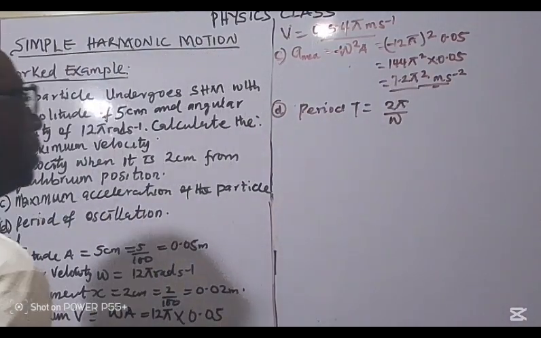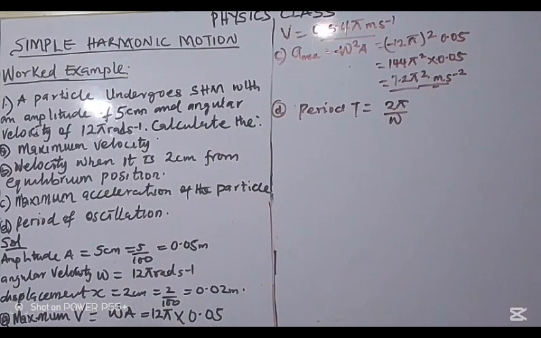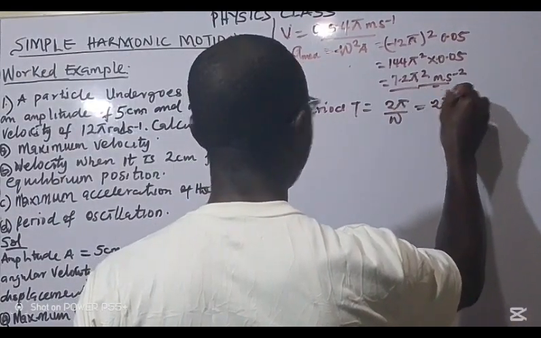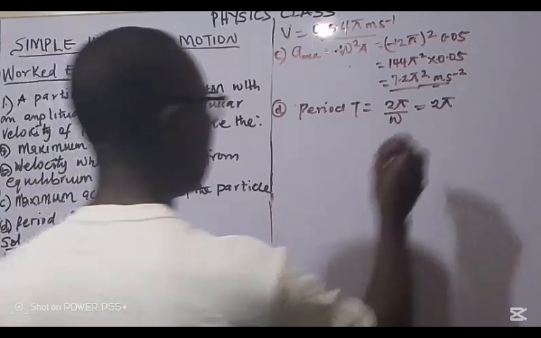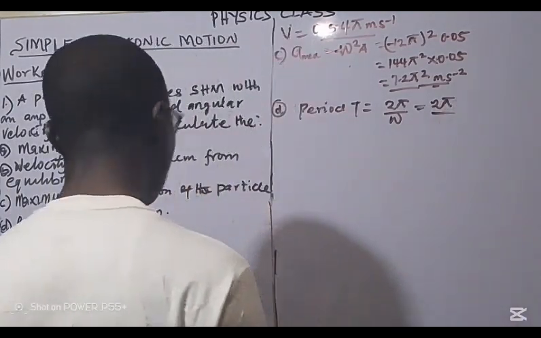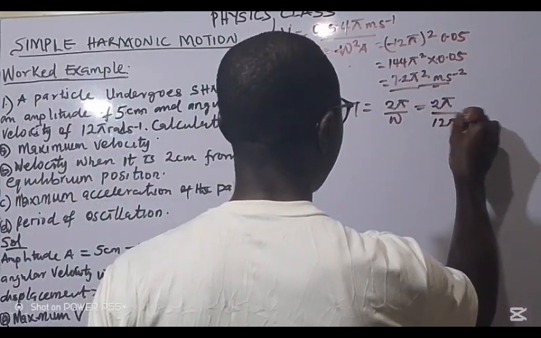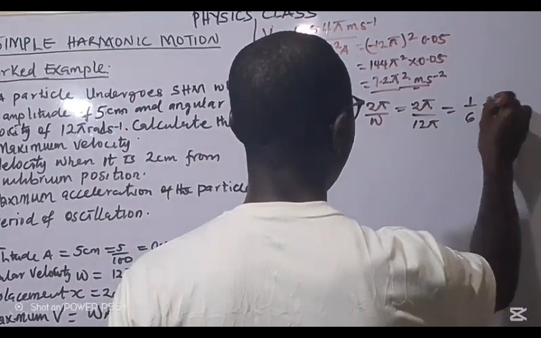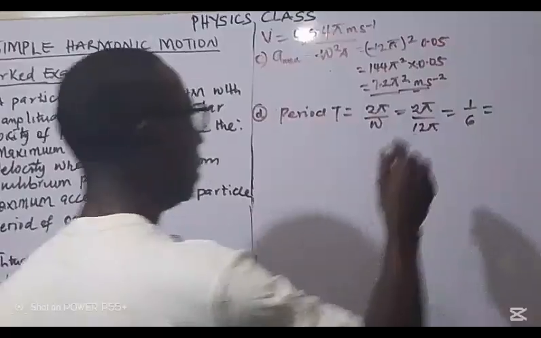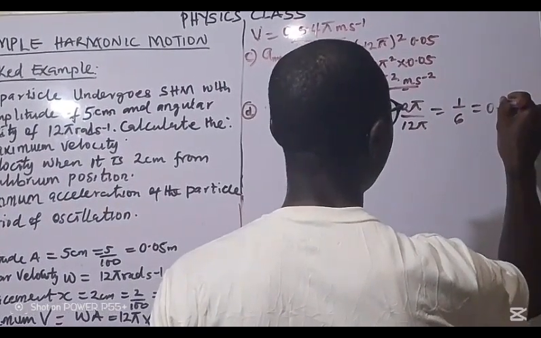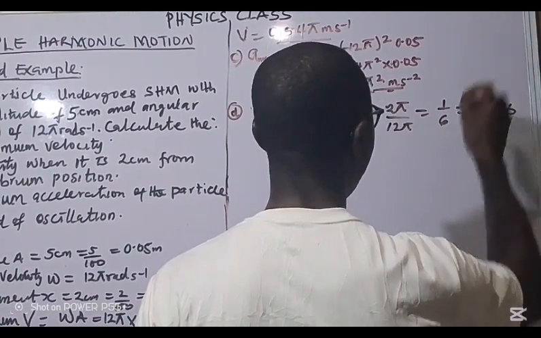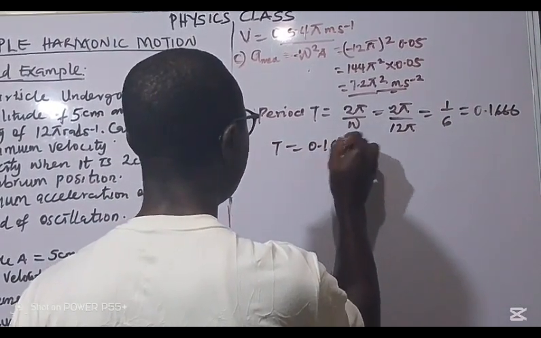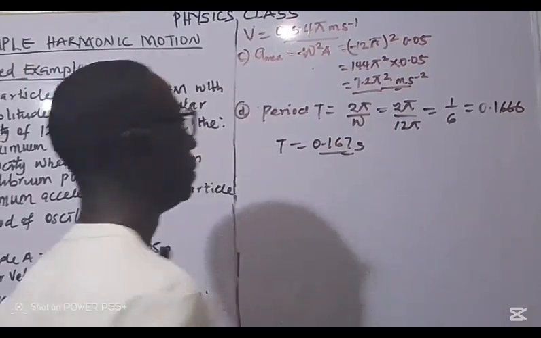The value of omega, which is the angular velocity given in the question, is 12 pi. So pi will cancel pi, and we have 1 over 6. The answer will be approximately 0.1666, so capital T will equal 0.167 seconds.